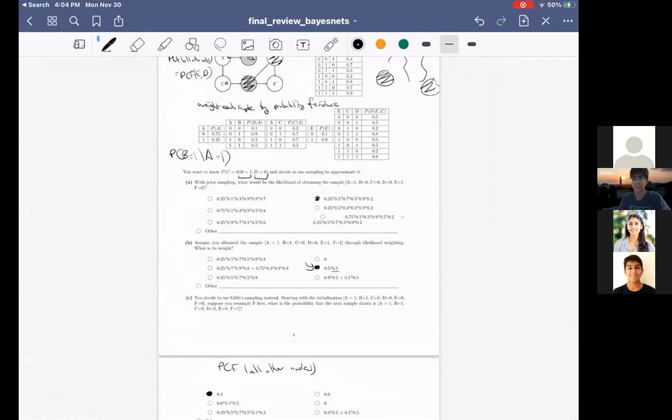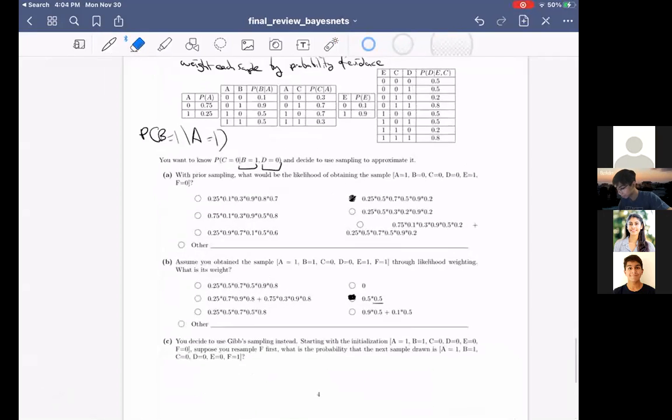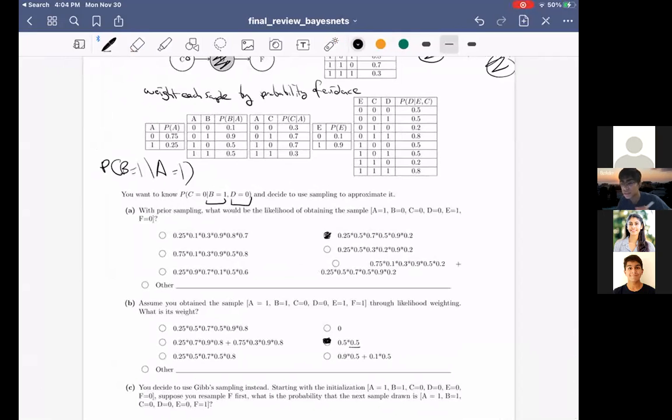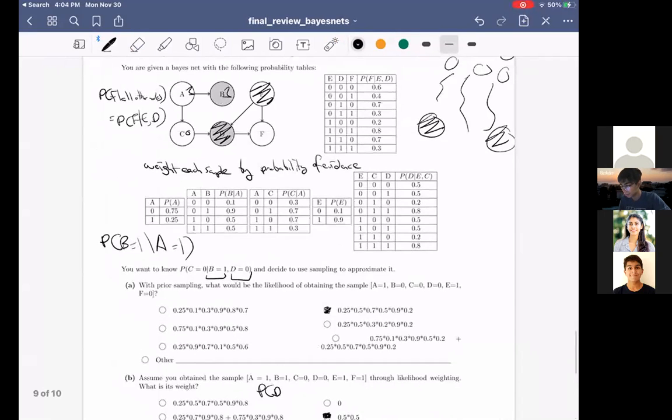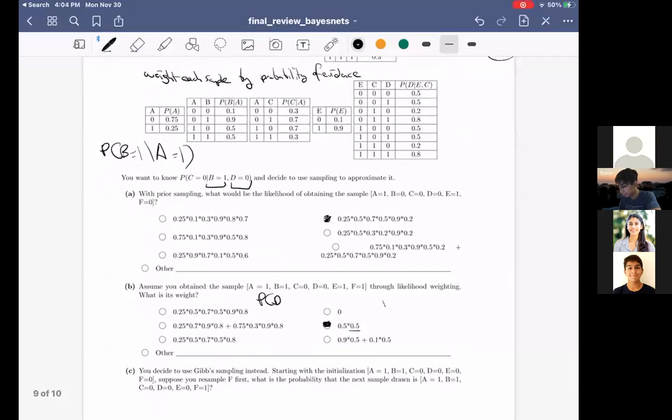I think Shreyan's explained a little bit in the chat, but I'm still a little confused about why we could do just 0.5 times 0.5 for part B, the answer that we chose. Okay, so the two probabilities that he explained we used were the probability of D, which is the first piece of evidence, and the probability of B. In particular, we did D equals 0 given its parents, and B equals 1 given its parents, right?